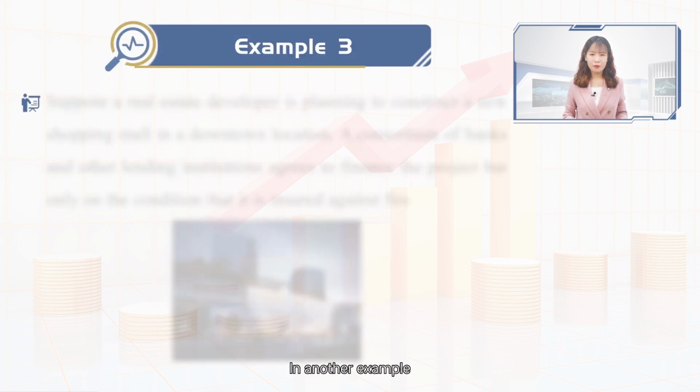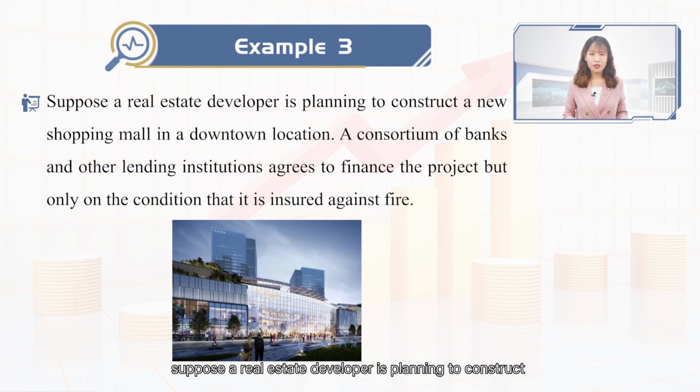In another example, suppose a real estate developer is planning to construct a new shopping mall in a downtown location. A consortium of banks and other lending institutions agrees to finance the project, but only on the condition that it is insured against fire.